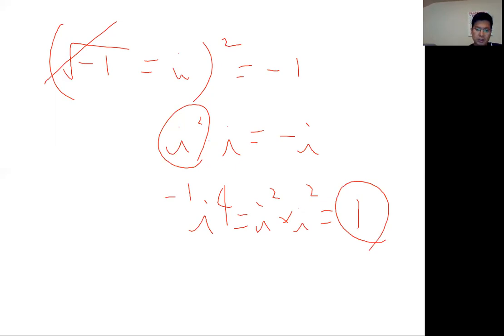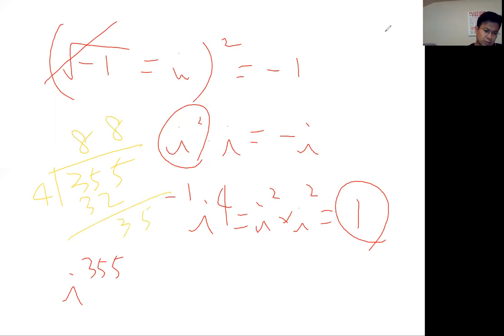So whenever you have a question like this, i to the 355, the first thing you have to do is divide 355 by 4. And then if you do that, 8, and then 8, and 3 left. So this is essentially the same as i cubed, because every 4, you just take it out.